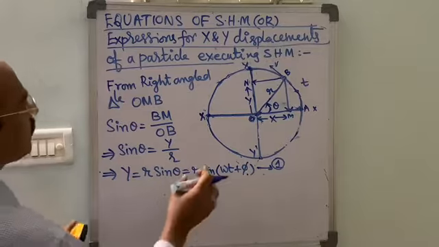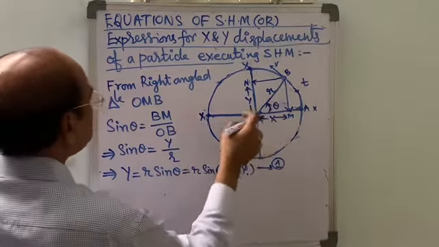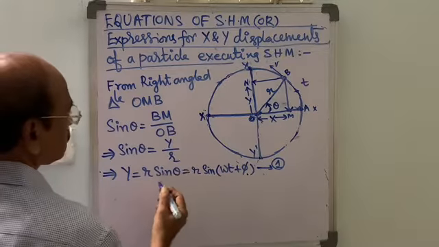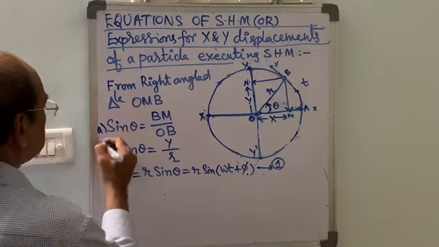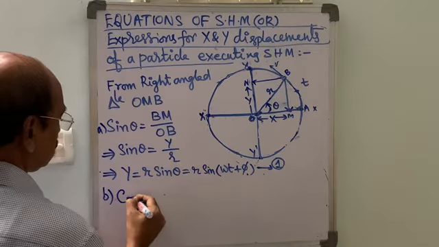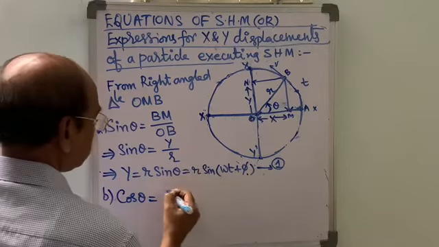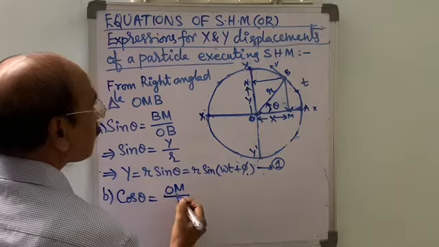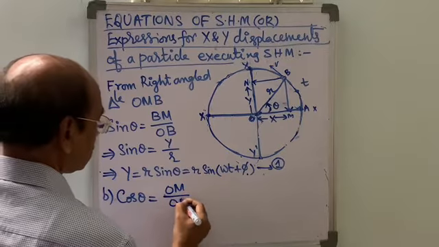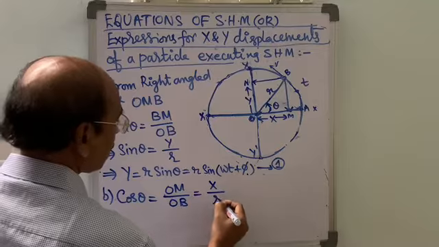And from the same figure, cos theta is equal to adjacent side OM by hypotenuse OB, that is x by r.